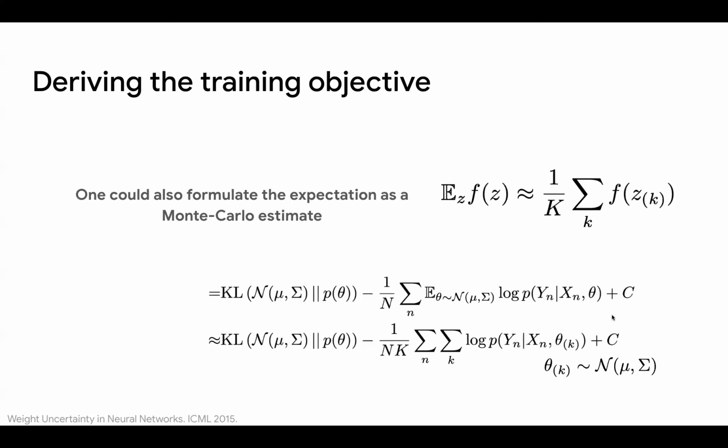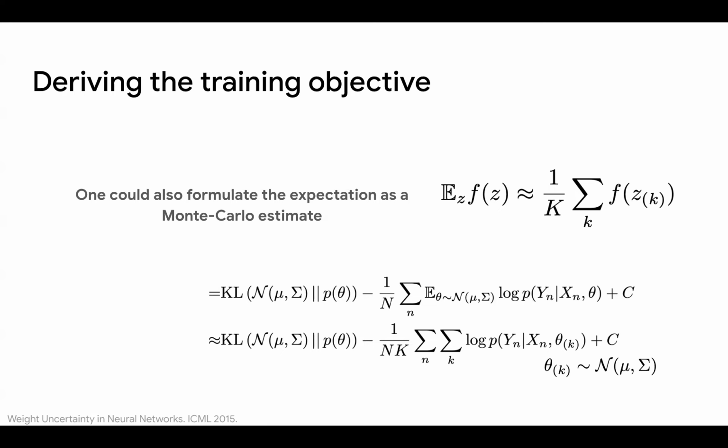Okay, so that's very close to our eventual formulation. The last step is to turn this expectation into a Monte Carlo estimation. Instead of trying to compute this exact value, we just sample from this Gaussian distribution and compute this output here, and that's a close enough approximation of the expectation.